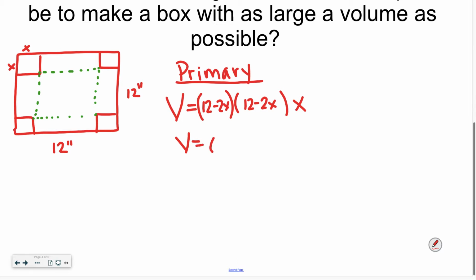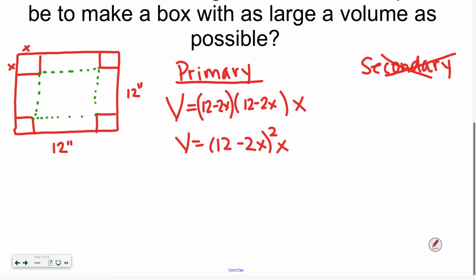Our volume is 12 minus 2x, the quantity squared, times x. Now, since we only have x as a variable, we do not need a secondary equation. We would only need a secondary equation if our volume equation involved an x and a y. I'll show you one like that in number 2.